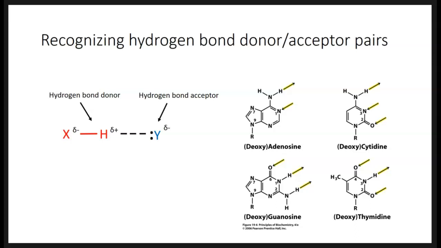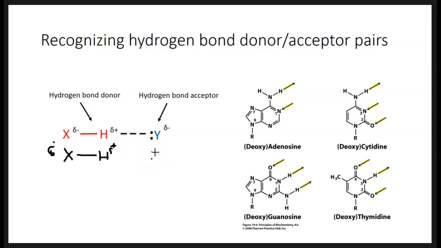Another important chemical property to recognize in nucleic acids is hydrogen bonds, and recognizing a hydrogen bond donor and acceptor. Hydrogen bonds occur when we have an electronegative atom that has this negative delta covalently bonded to a hydrogen, and because the electronegative atom holds on to an electron, that makes this end of the molecule a little bit more positively charged.